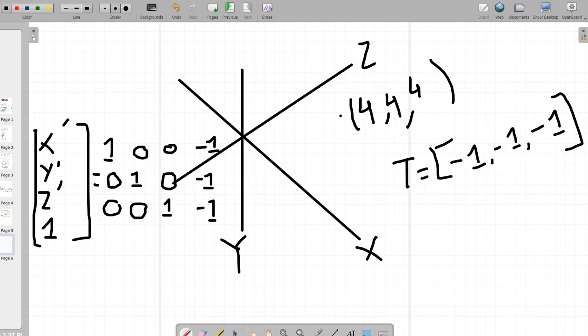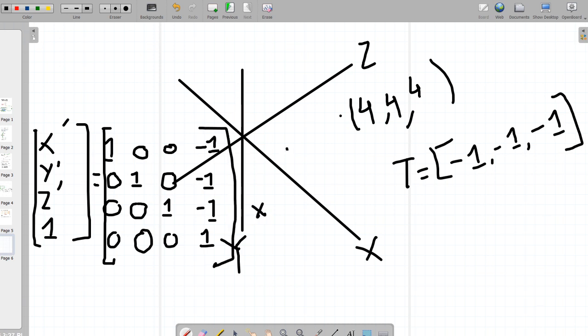And the last row is for the homogeneous coordinate. Then you have to multiply this matrix with the original input point, that is 4 4 4, and lastly you have to append the homogeneous one.